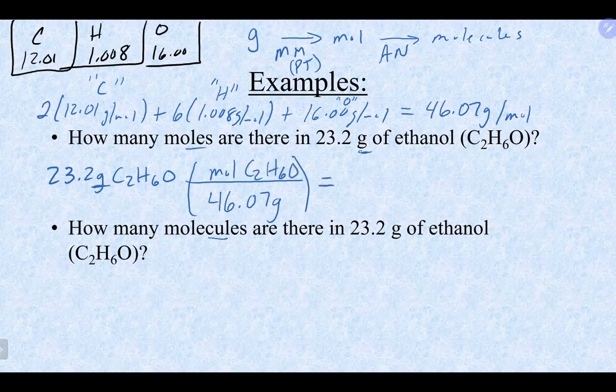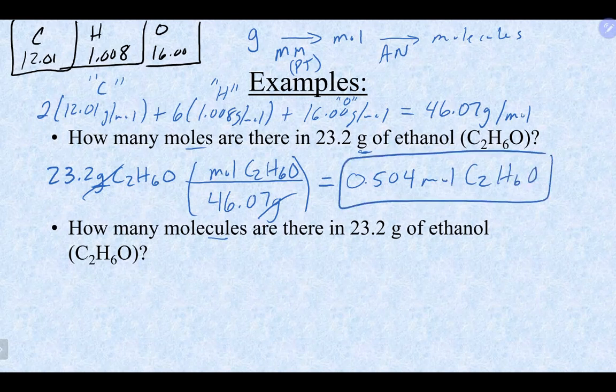And when we do that, the grams obviously will cancel. Taking 23.2 divided by 46.07, going to get us 0.504 moles here of C2H6O, since we are looking obviously for an answer. Any questions on that calculation there?